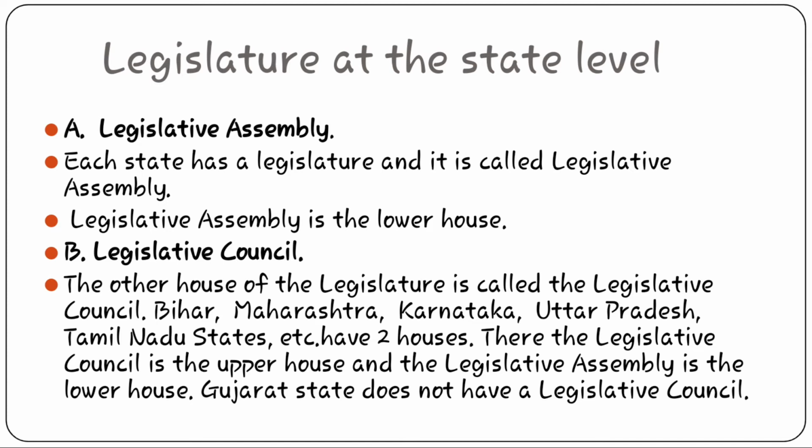Unicameral means one house and bicameral means a legislature consisting of two houses. This section we are going to discuss in detail on page number 77, legislature at the state level.